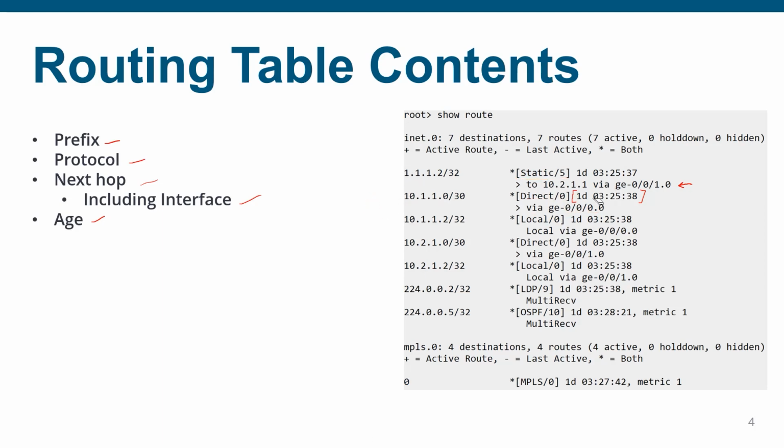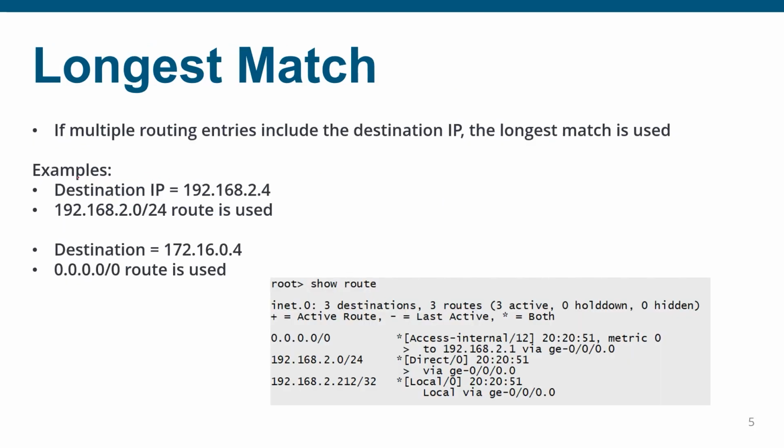Let's take a look at the next slide, where we give an example of longest match routing. If multiple entries in the routing table include the destination IP address, the longest match is used. Let's say we have a different routing table down here.